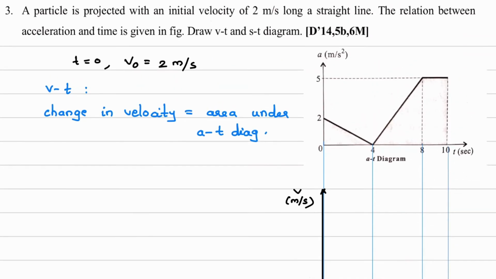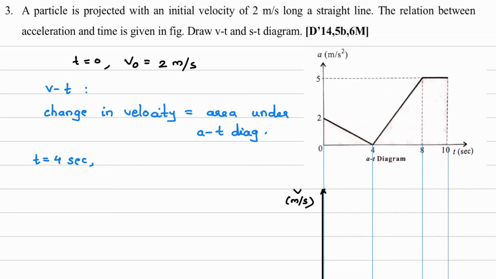So when time is 0, V0 is 2 meter per second. Then we will see the next point, which is at t equal to 4 seconds. What we can write? Change in velocity. So what will be change in velocity? V4 minus V0 is equal to half into base is 4 and height is 2. Okay, area under AT diagram, which is this triangle.